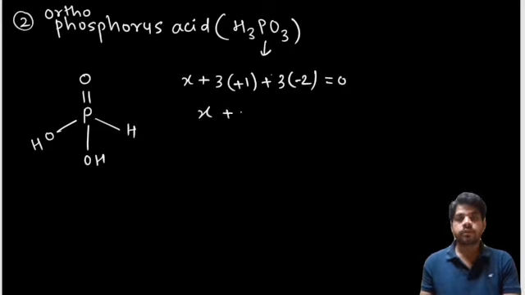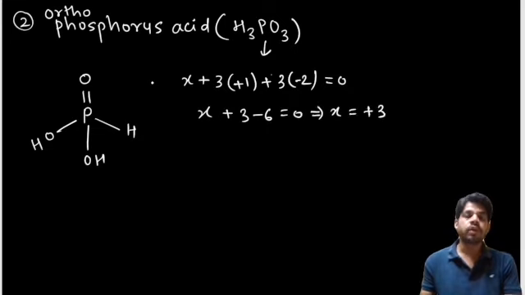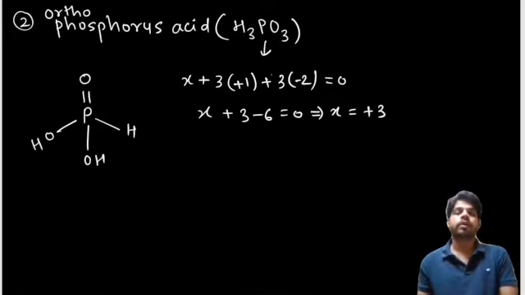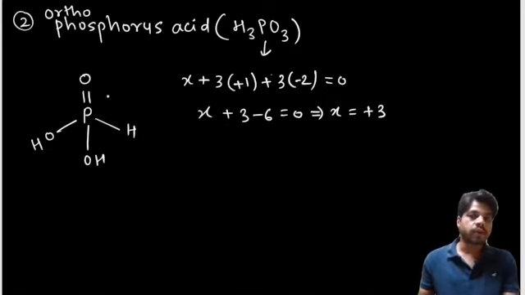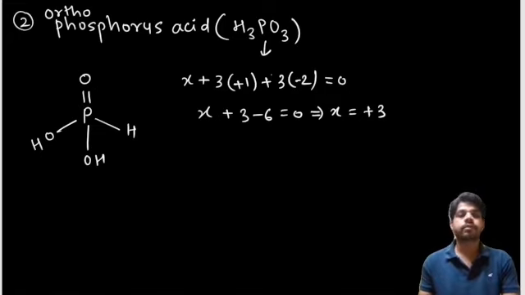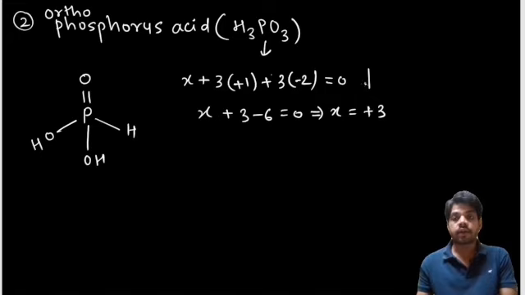On solving this equation, X is equal to +3. So here the oxidation state of phosphorus comes to +3. Now, using a short trick, how can we get this +3 oxidation state? Well, this is the authentic way to calculate the oxidation state.